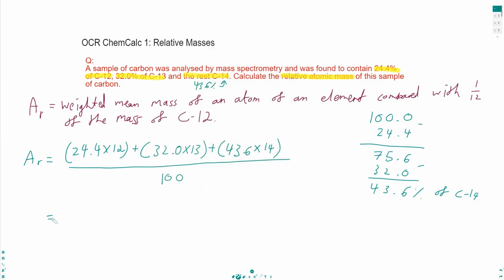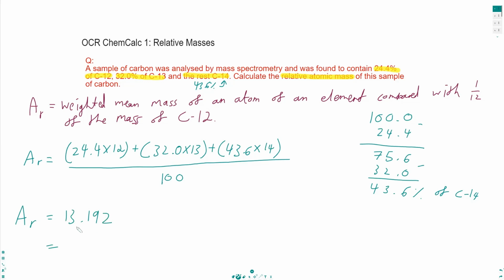If we do that calculation, 24.4 times 12 plus 32.0 times 13 plus 43.6 times 14, and divide all of that by 100, we get a somewhat random number, and that number is our answer. So our Ar, or relative atomic mass, of this sample of carbon is 13.192.